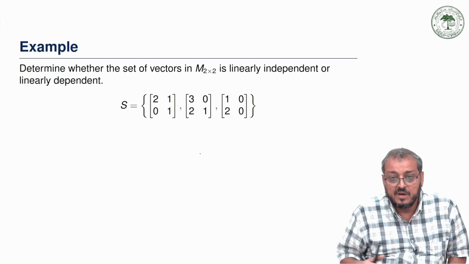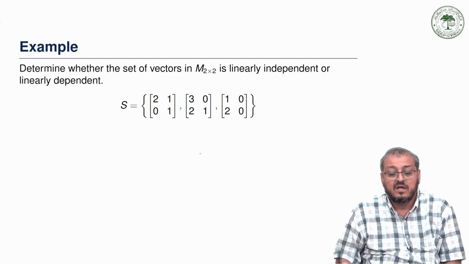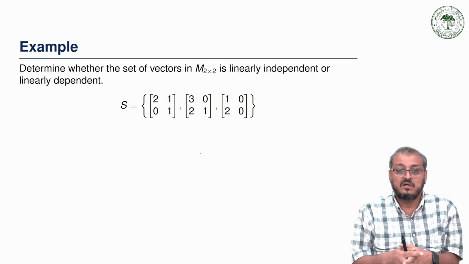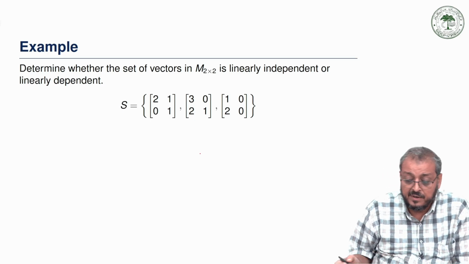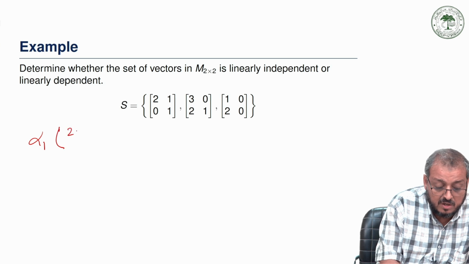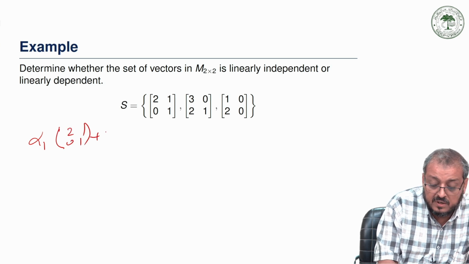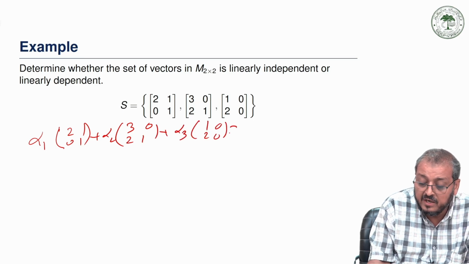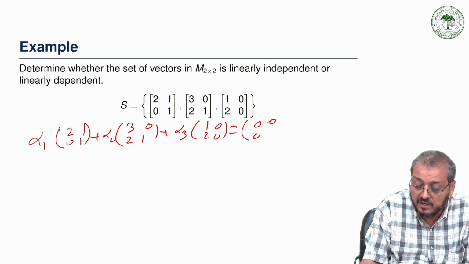For the last example, I will try a matrix example: whether a set of vectors in the space of 2 by 2 matrices is linearly independent or dependent. Again we write the finite linear combination of these vectors: alpha 1 times the first matrix plus alpha 2 times the second matrix plus alpha 3 times the third matrix, and we set it equal to the zero matrix in this case.